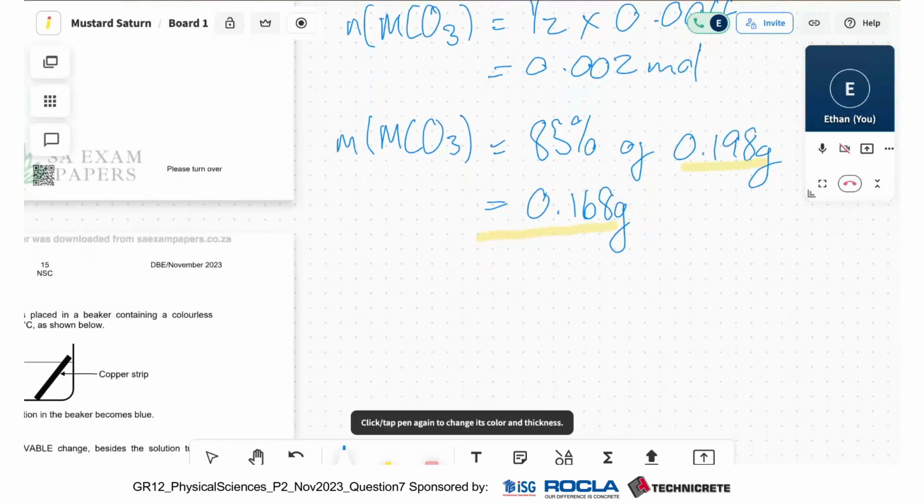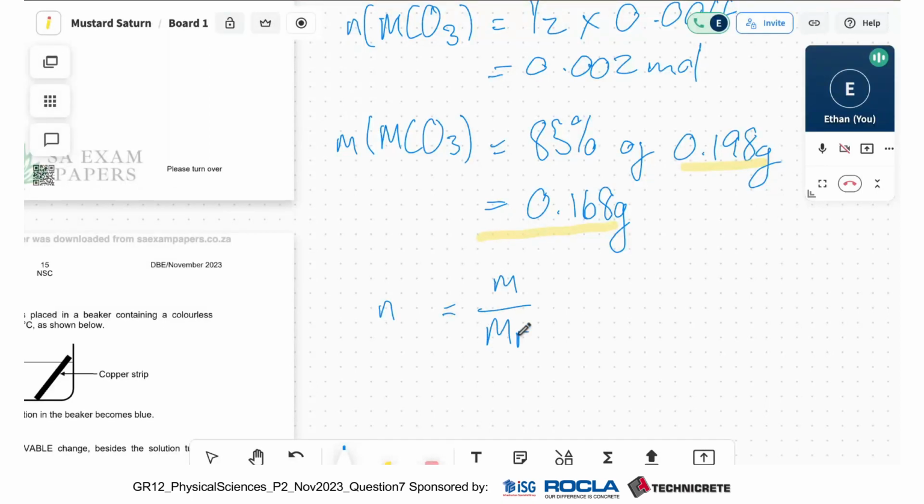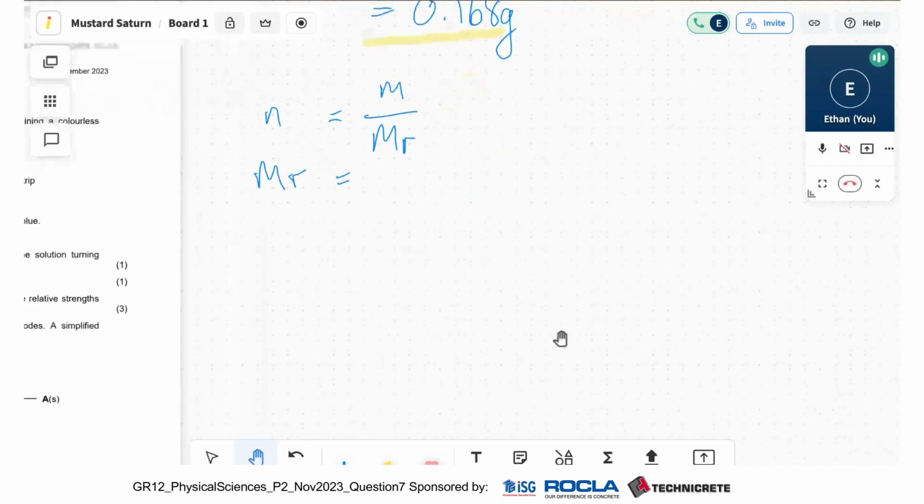Okay, now we have the moles and we have the mass. We can use this equation n equals m over Mr in order to calculate the molecular weight of our metal, and we can use that to identify it. So substituting in, let's first make molecular weight the subject of the formula.